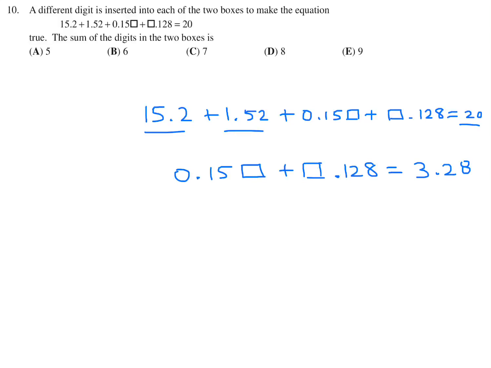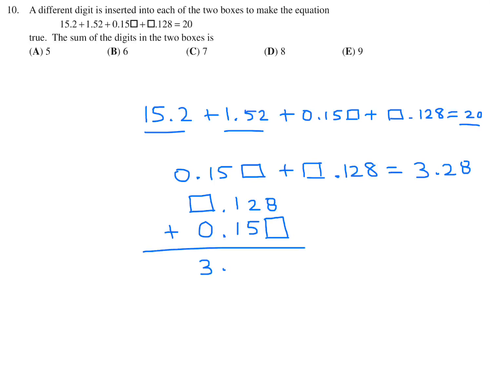So now what we'll do is we'll put these in a way so that they become an addition question. So I've got 0.128, and this is a box, and the sum is 3.28, like this, 3.280, I guess, right?